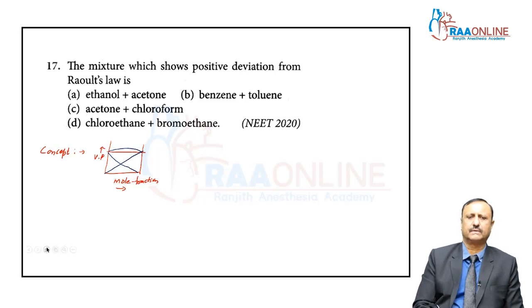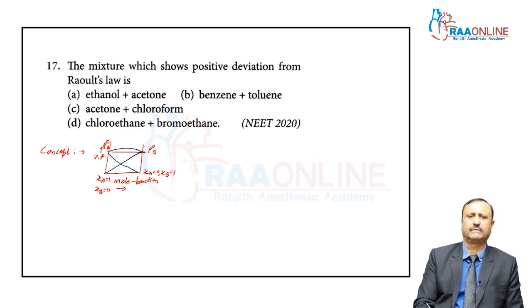This is the P0A, where xA is equal to 1 and xB is equal to 0, and here xA is equal to 0 and xB is equal to 1, then it is the P0B.